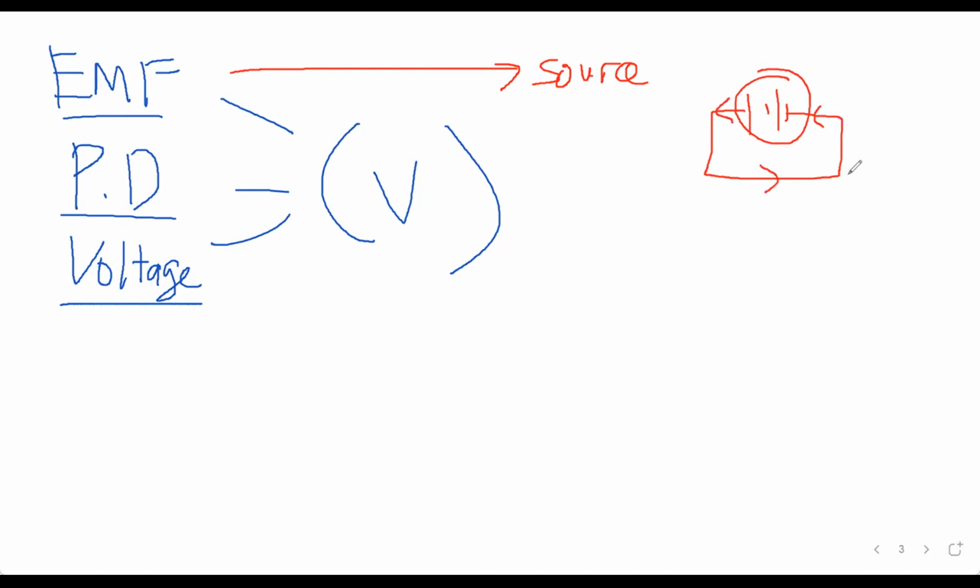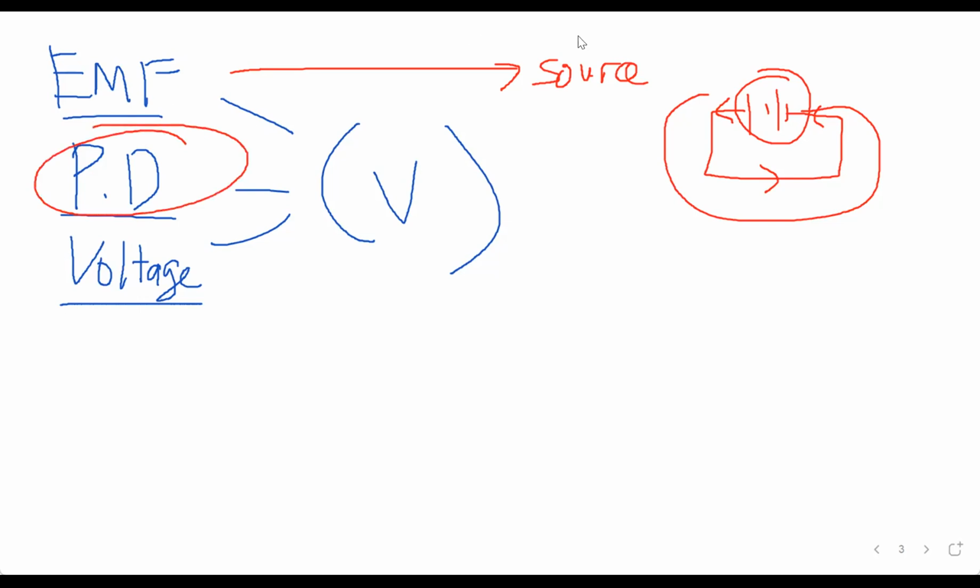You can imagine, in air quotes, guys, don't use this in your exam, it's like a force that pushes the current around the circuit. But don't write that in your exam. It's not correct. It's just something that I say only. Electromotive force is the air quote force that drives the current around the circuit.